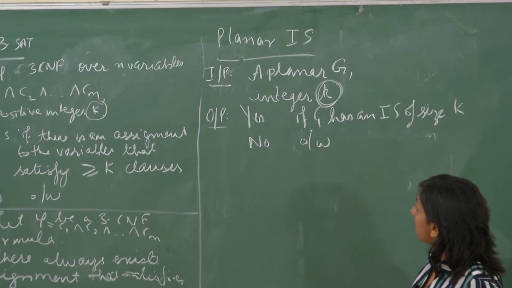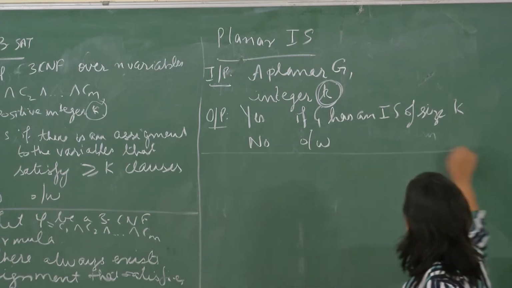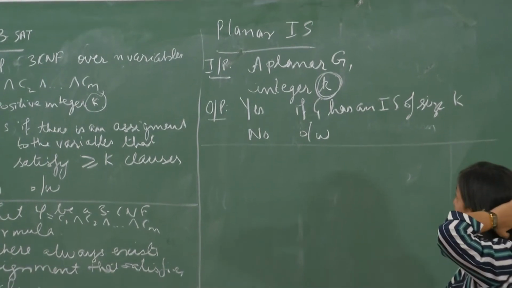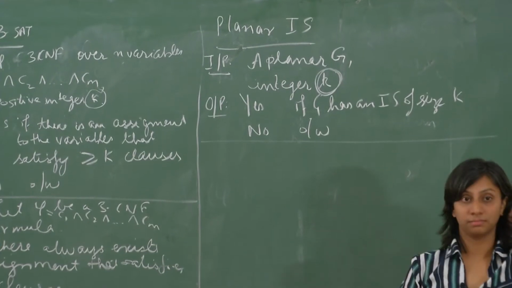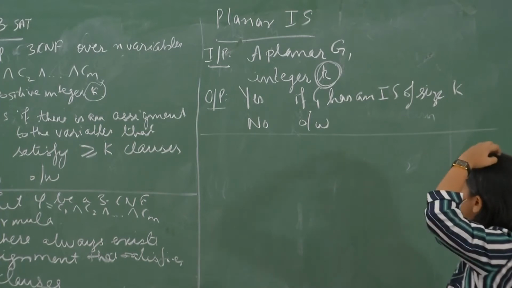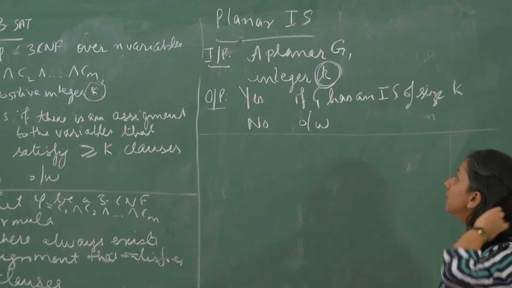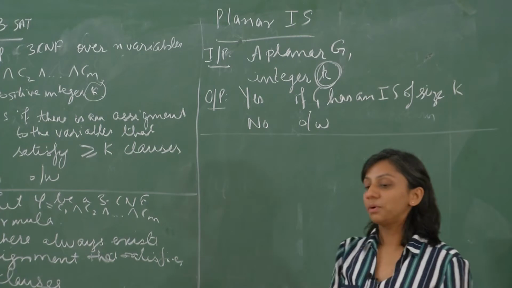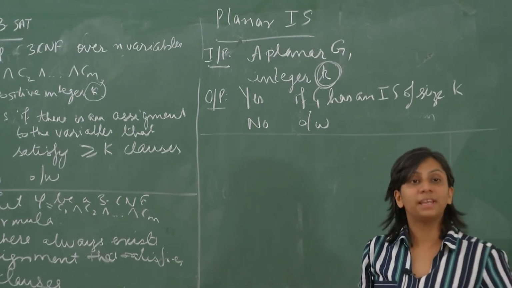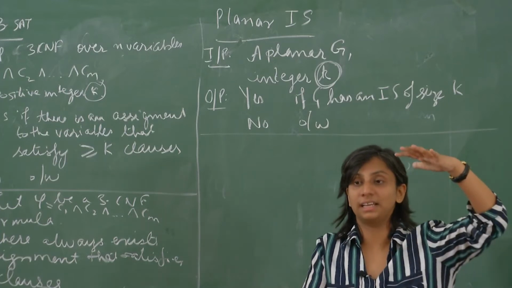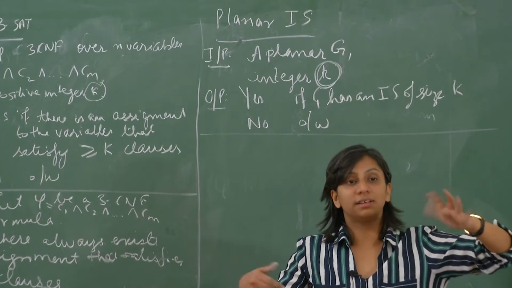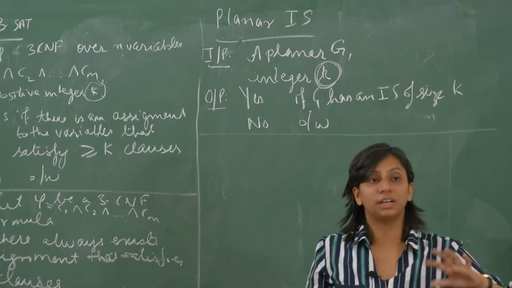So let's see, what can you say for independent set? Again, the kind of ideas that you want to come up with is, suppose we can say that a planar graph always has at least this much independent set, then we can always return yes, and otherwise something of this sort.